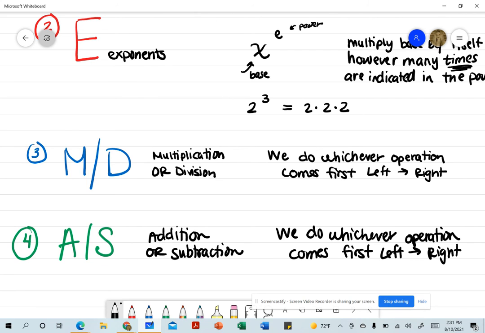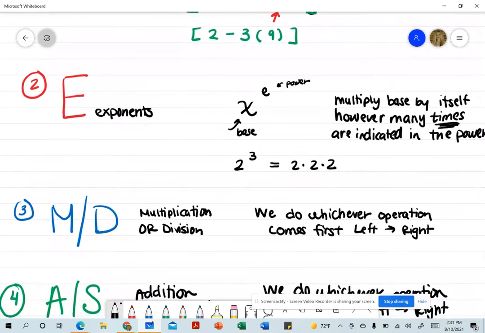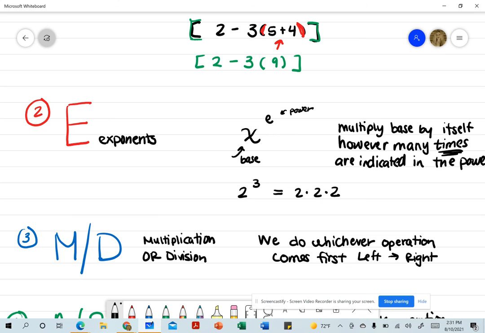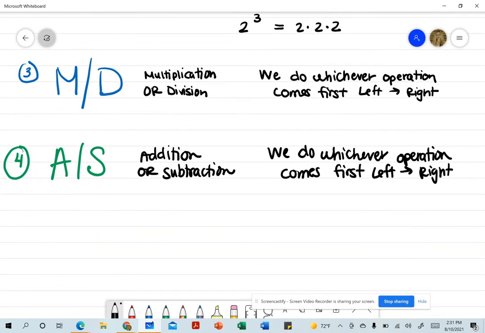So now that we know the steps, P parentheses, E exponents, MD multiplication or division, then addition or subtraction, I'm going to pull up this problem that we originally started with, the 2 minus 3 times 5 plus 4 in brackets. I'm going to restart it. Again, we had in brackets 2 minus 3, and 3 is multiplied times 5 plus 4, whatever the value of that is.